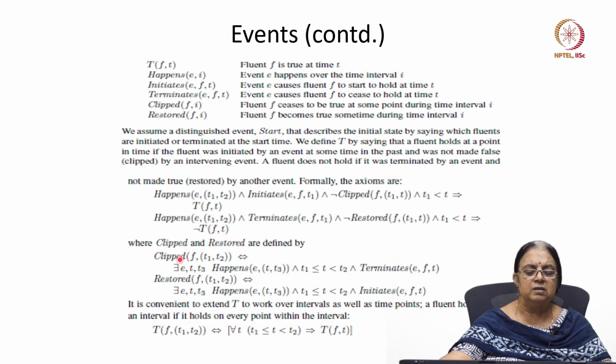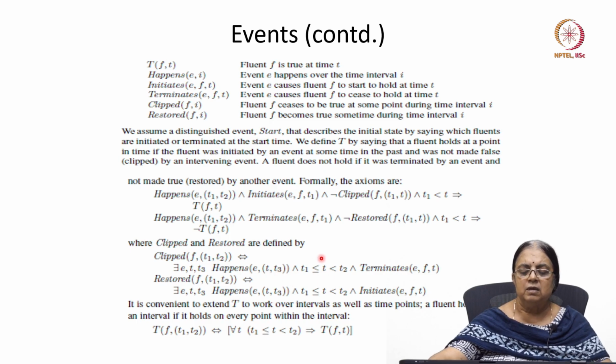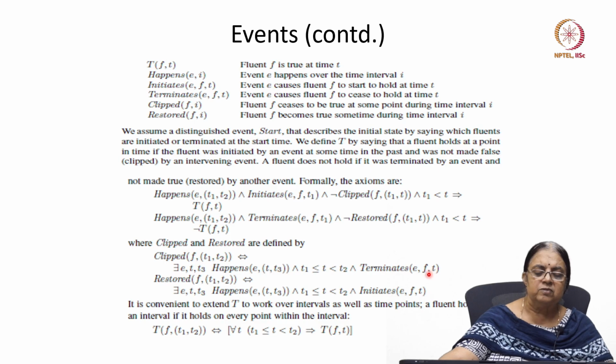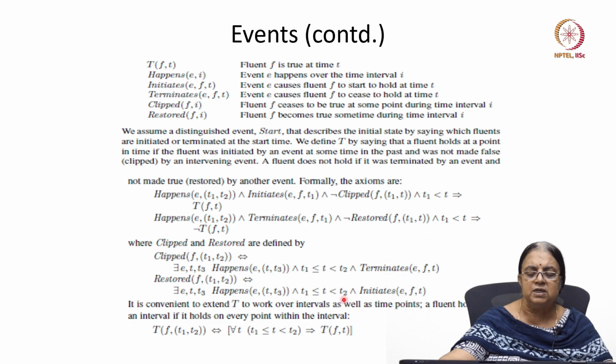Clipped and restored can be defined in this way. Clipped(F, T1, T2) means that an event happens between T and T3 and terminates it at some time T. And restored means when it is initiated, there is some time T between T1 and T2 when it is initiated.